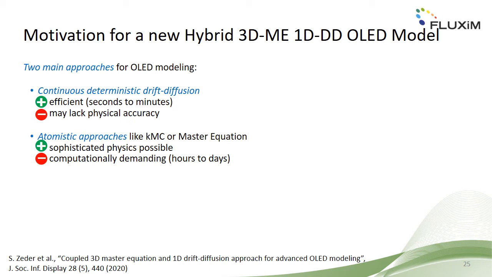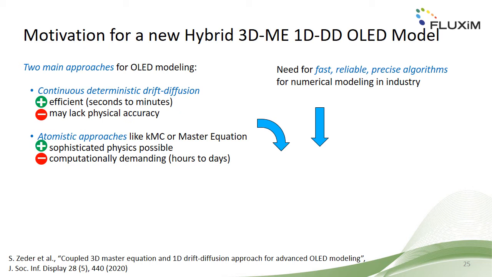And then alternatively, there are atomistic approaches like kinetic Monte Carlo or master equation. They allow to implement sophisticated physical models in 3 dimensions. However, this is usually a very computationally demanding approach, requiring hours, if not days, of computation time. Now, definitely in the community, there is a need for fast, reliable, and precise algorithms.